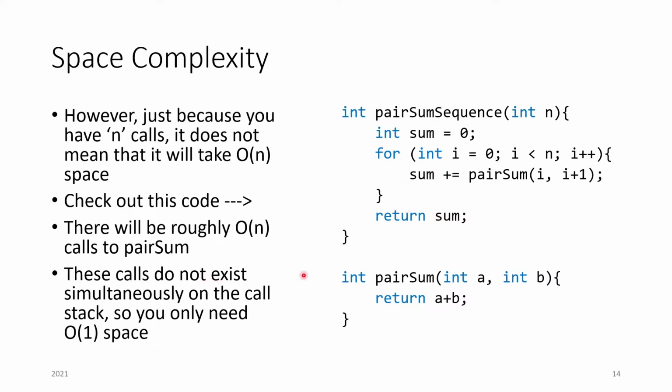Because the calls do not exist simultaneously on your call stack or memory stack, you only need O of one space for this function call each time it is called, until it goes out of scope of the for loop. So yes, there will be O(n) calls to pay of sum, but the space required for each instance when pay of sum is called, for each iteration in the for loop, is just going to be O of one space.